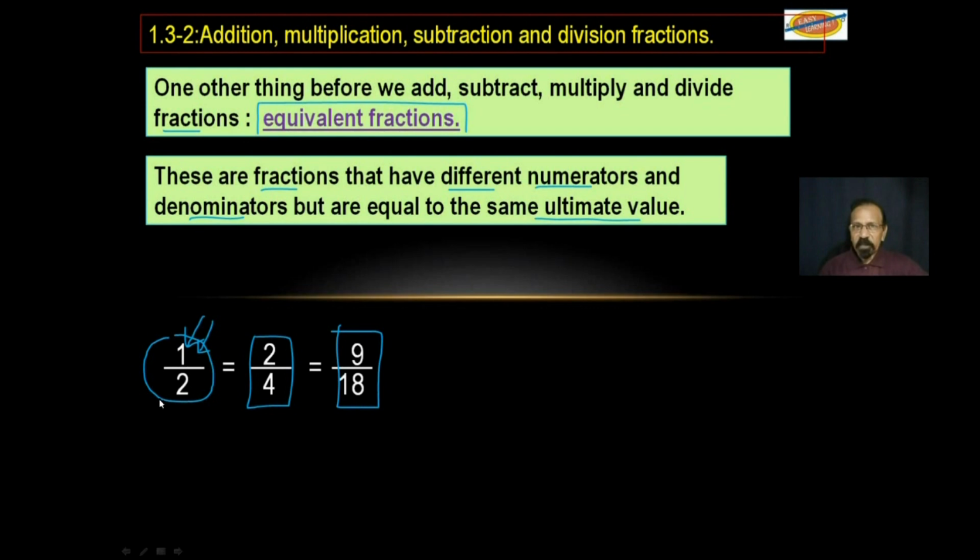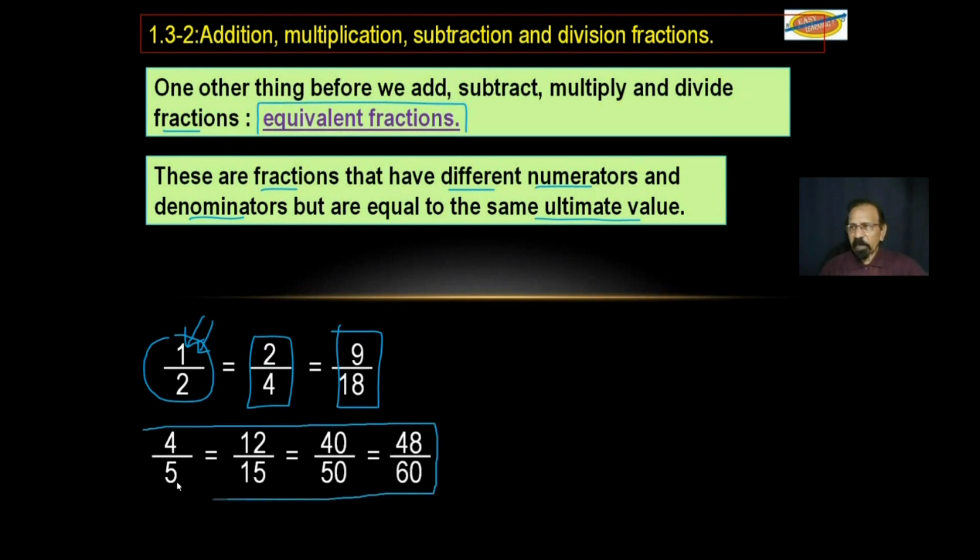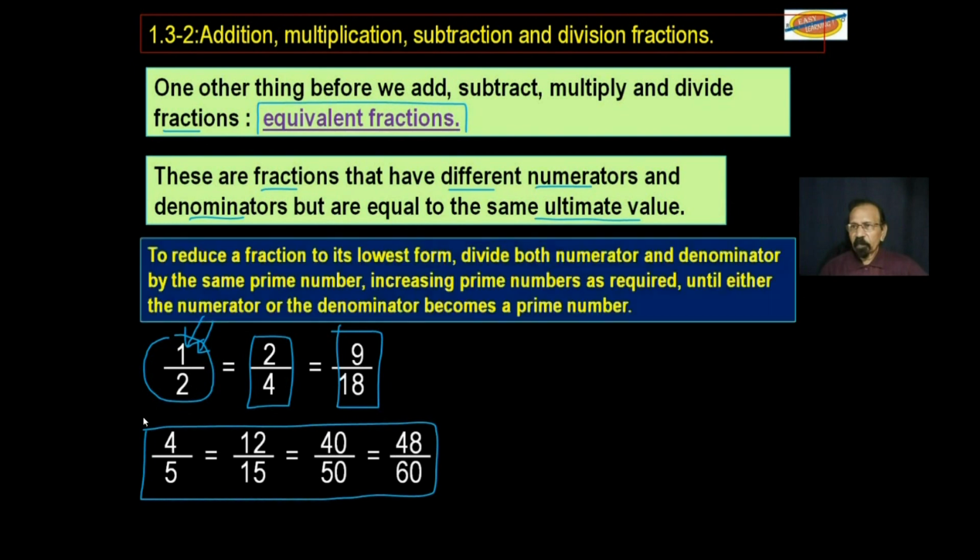They are the same fraction written different ways. Let's consider 4/5. 12 over 15 is the same as 4/5 written differently, or 40 over 50, or 48 over 60. All of these are equivalent fractions.